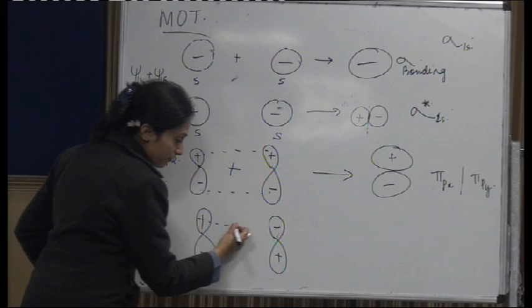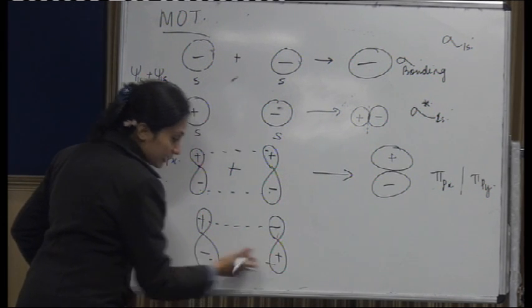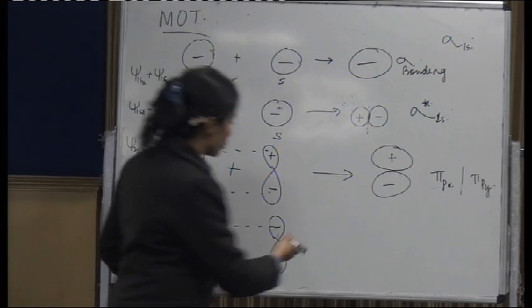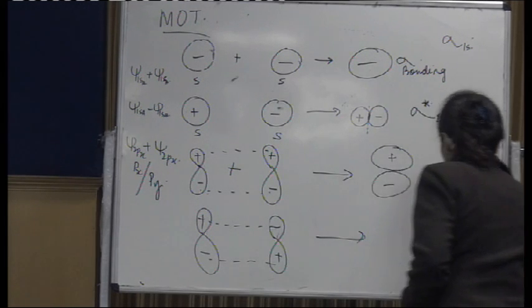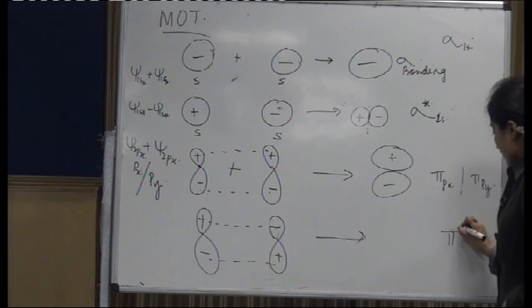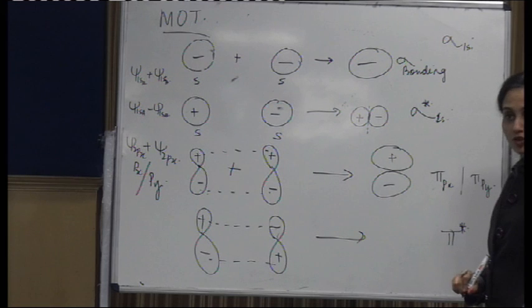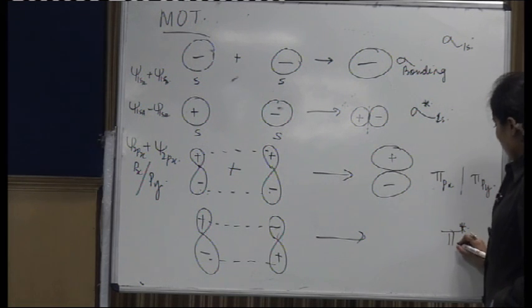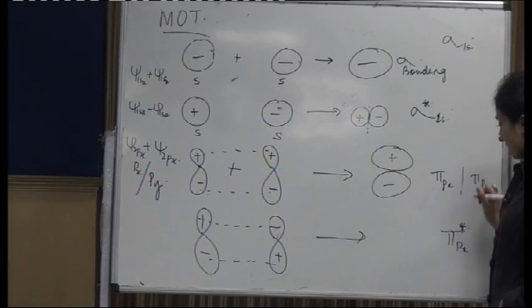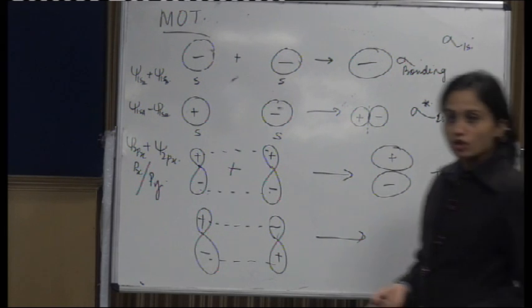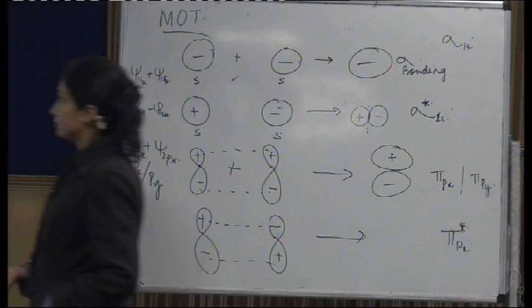Now you have, it is sideways overlap only. So this will again be pi, and this will be anti-bonding. So pi star 2px or pi star 2py. So py will behave in a similar fashion, so I am not doing it for py again.